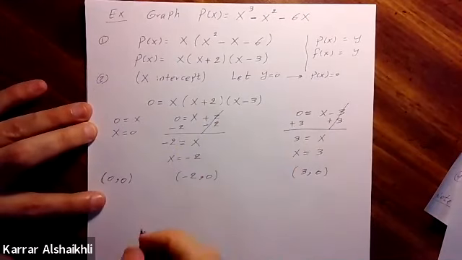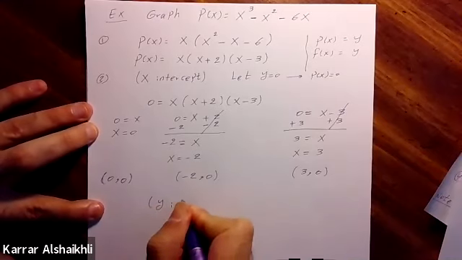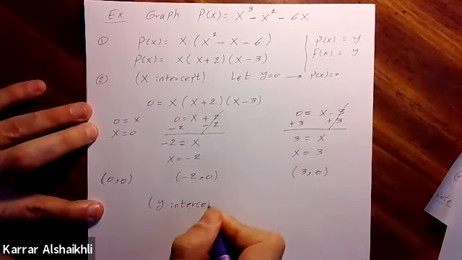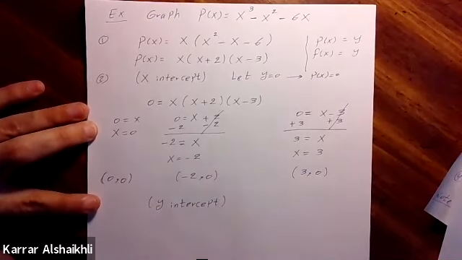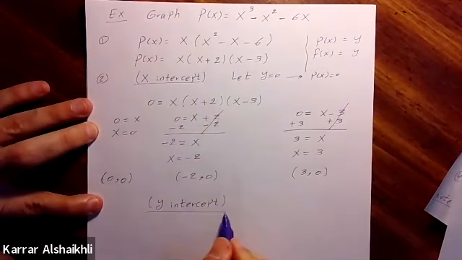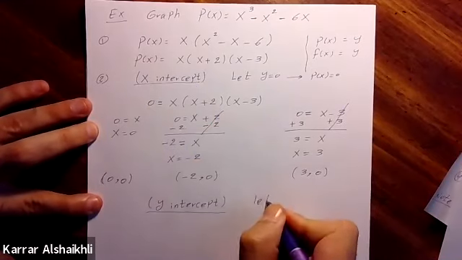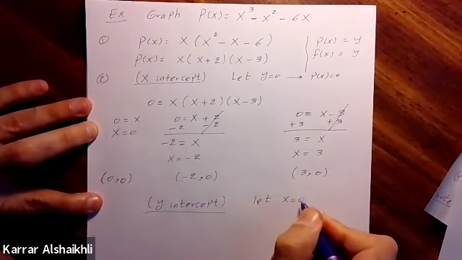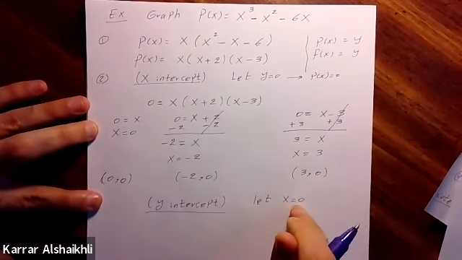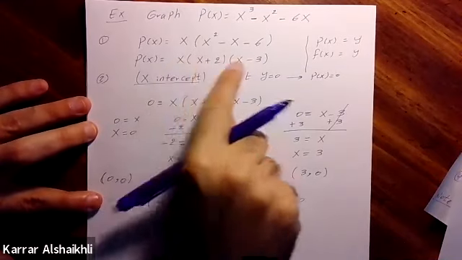Now we're going to find the y-intercept by doing exactly the same process. X-intercept, this is the y-intercept. How are we going to find the y-intercept? By letting x equal 0, which is easier because you're going to plug in x equals 0 here.